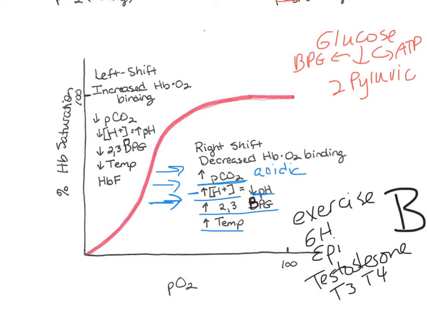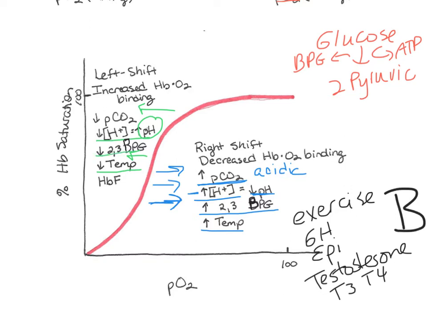Now on the opposite side, with a decreased hydrogen ion level, the pH increases. That means that hemoglobin is going to bind more tightly to the oxygen and the curve will shift to the left. Same thing if we have a decreased temperature, the curve shifts to the left because the tissues are less active, so hemoglobin is going to bind to the oxygen more tightly.